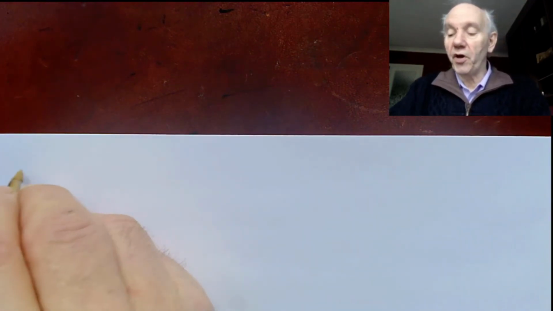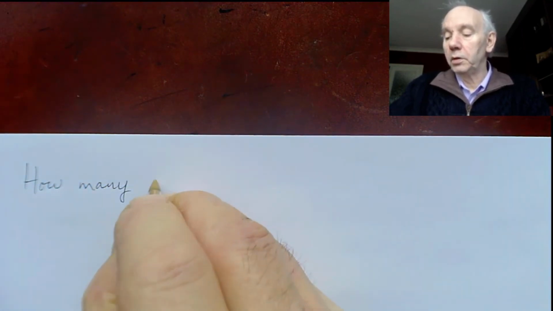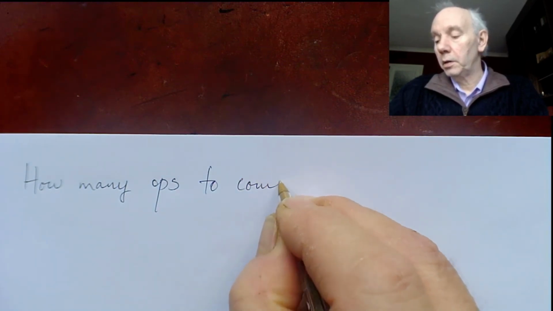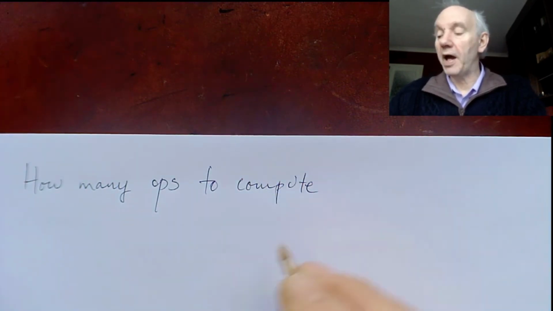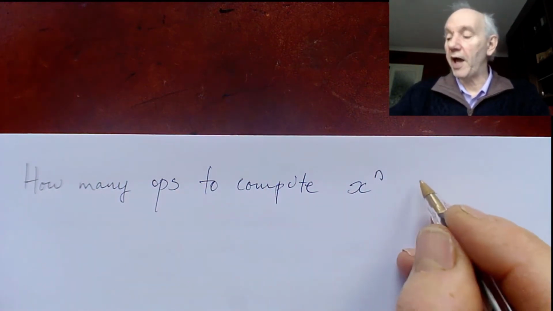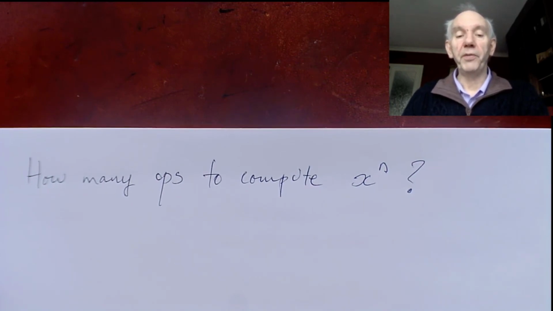So I want to finish by answering the question, how many operations do we need to compute some number x raised to the power of a positive integer n using our method that involves repeated squaring.